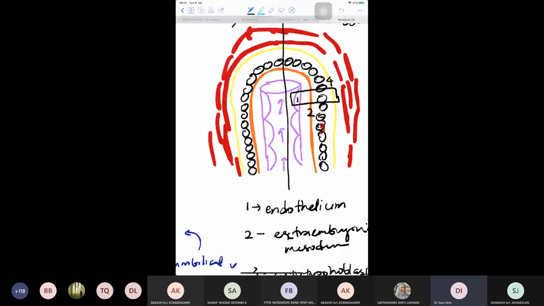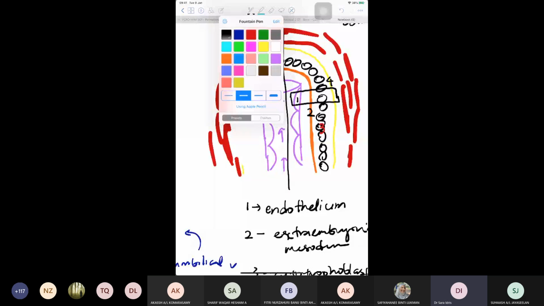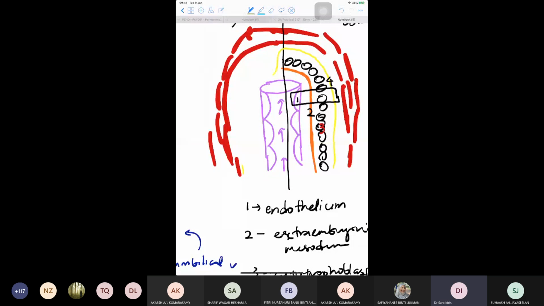So the extra-embryonic mesoderm and the cytotrophoblast are going to disappear. After 20 weeks, these two layers are going to disappear. Now the syncytial trophoblast is going to be closely related to the endothelium. All of this here will still be filled with your maternal blood.